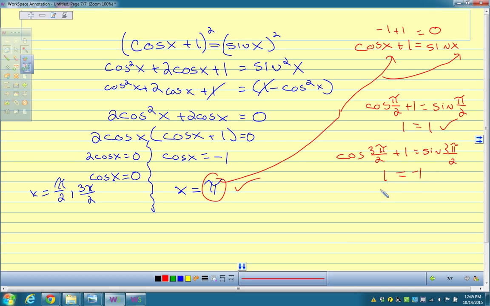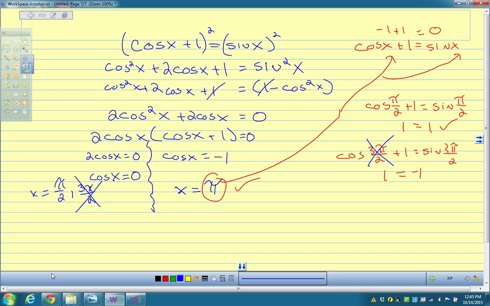So -1 is not equal. So this answer, when you squared both sides, you introduced an extraneous root. So you have to throw out that answer. Okay? So when you square something that has a variable, or when you multiply something that has a variable, you have to check your answers in the original equation.